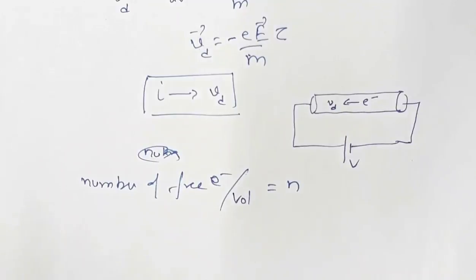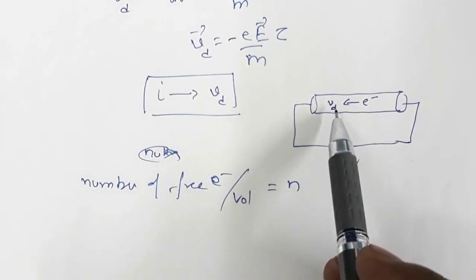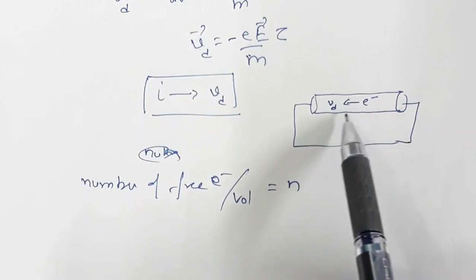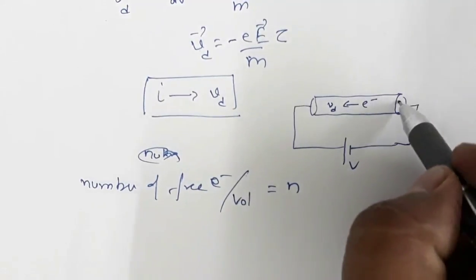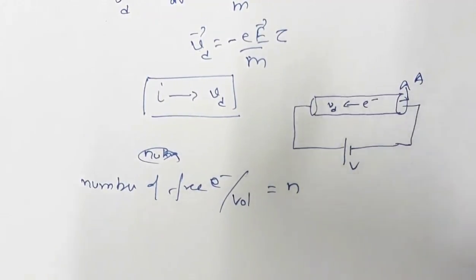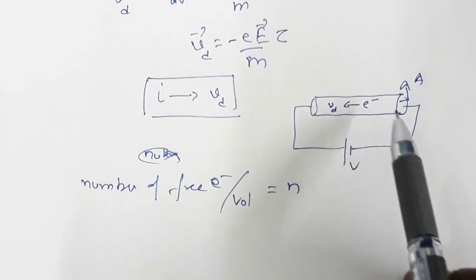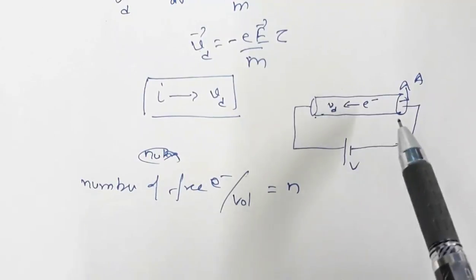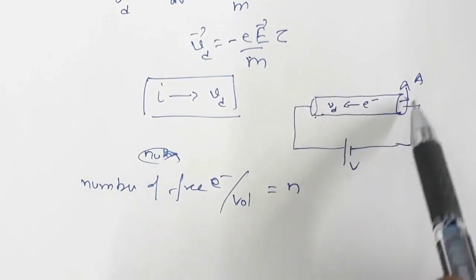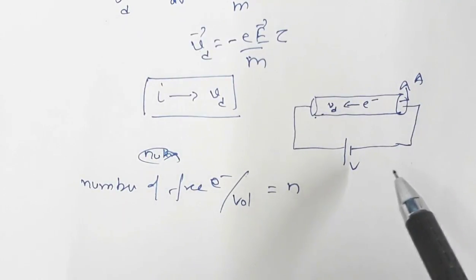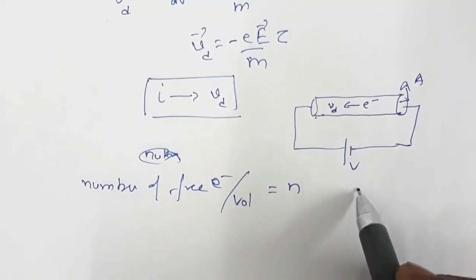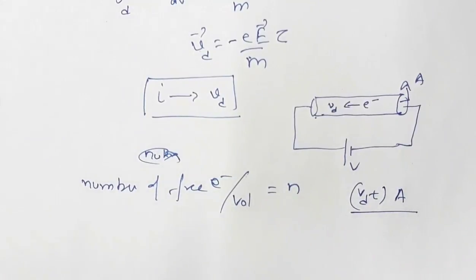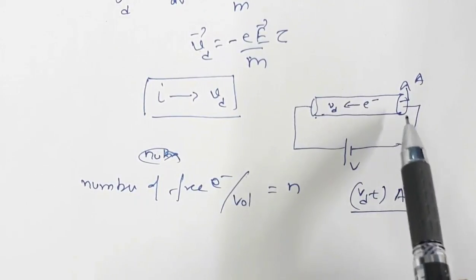Now if vd is the drift velocity and t is the time taken to travel through this conductor of cross-sectional area A, then vd into t will be the length, and A is the cross section. So vd t A will be the volume traversed by the electrons.